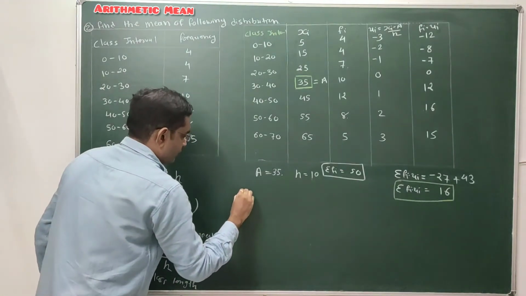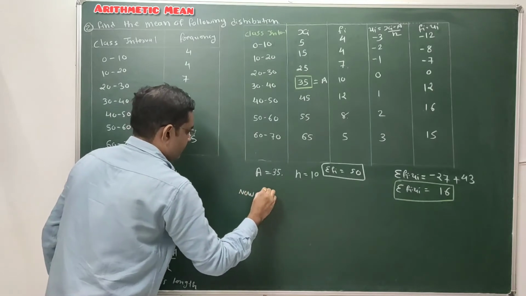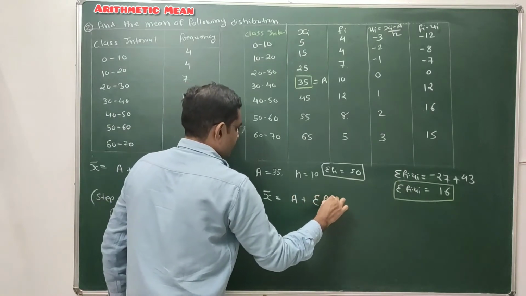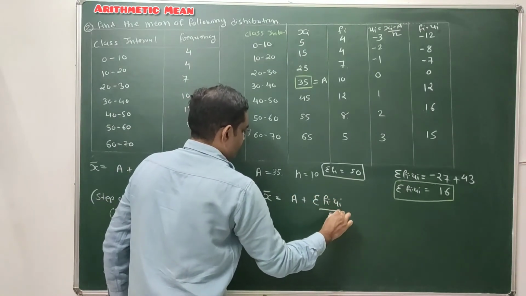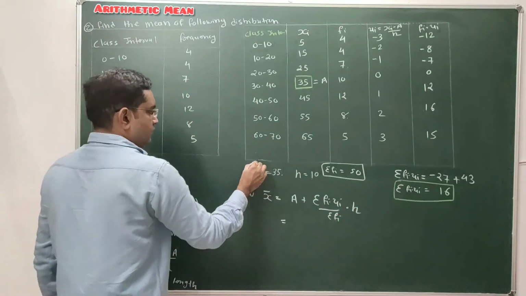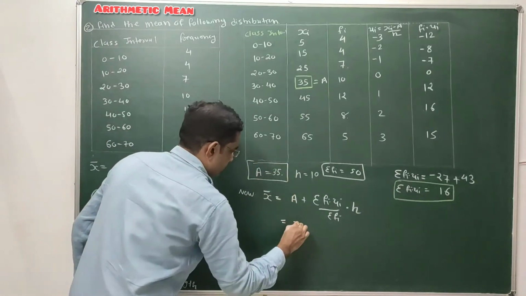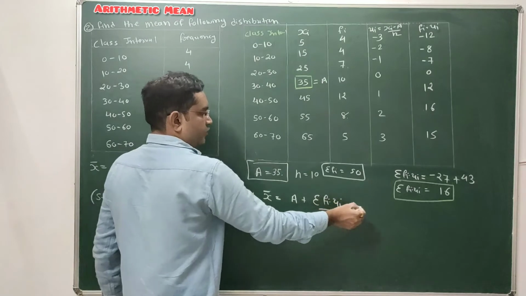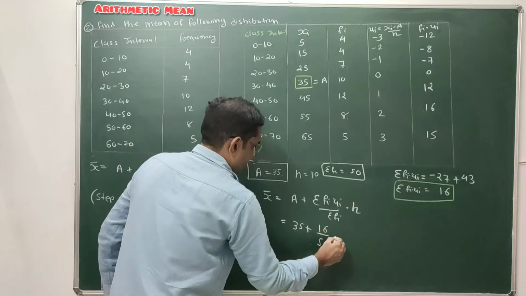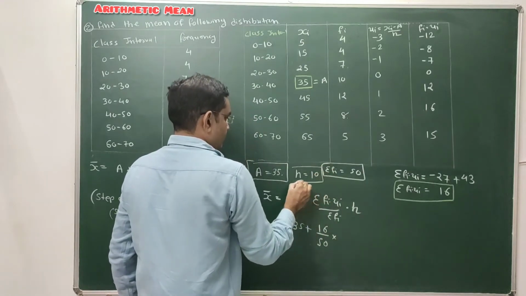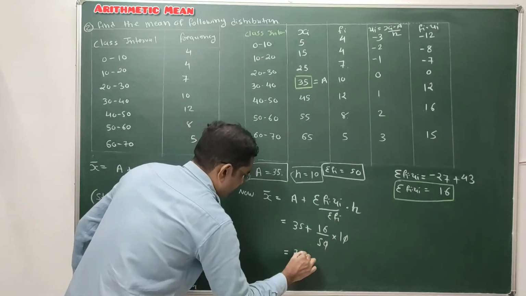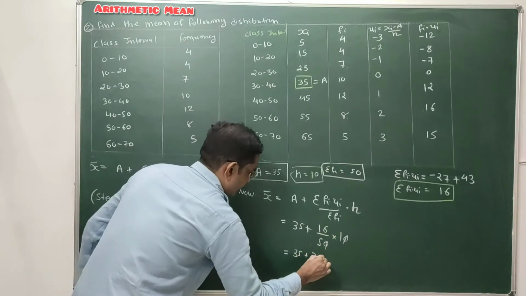So now our formula: mean of given data is equal to a plus sigma fi ui upon sigma fi, into h. a is 35, so it's 35 plus sigma fi ui 16 upon sigma fi 50, into h is 10. 0 cut. 16 by 5 is nothing but 32 by 10, so it's 3.2.